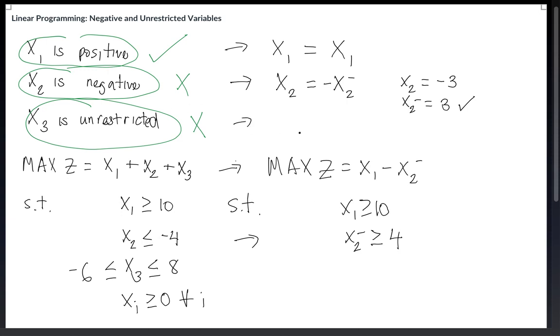Next, for x sub 3, how do we do this? We split x sub 3 into two components. That would be x sub 3 plus minus x sub 3 minus.